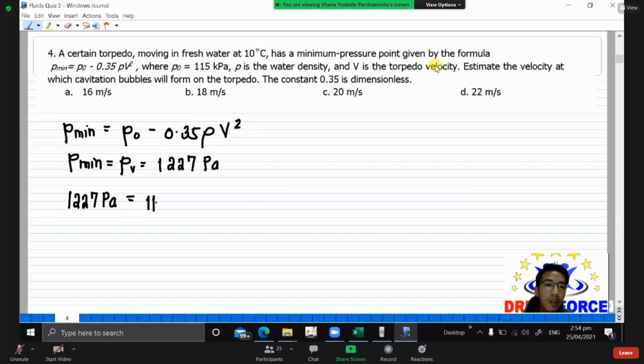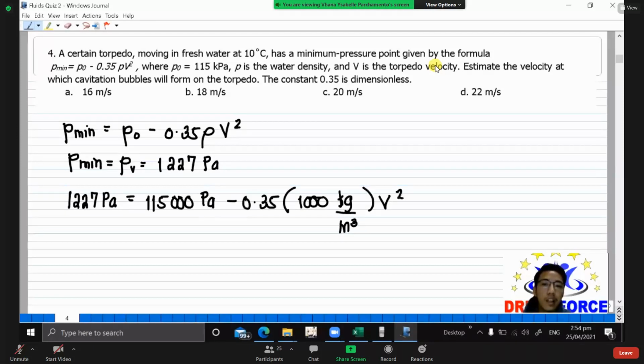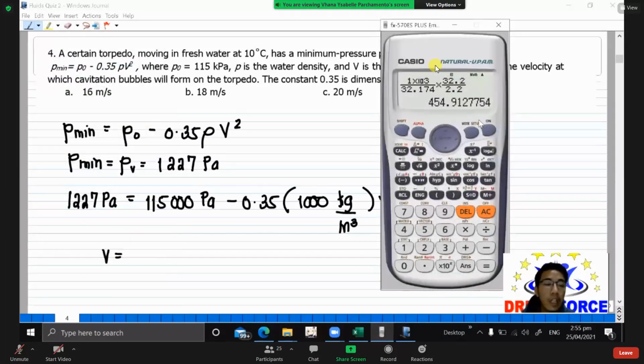That is equal to your PO 115 kilopascal or 115,000 Pascal, minus 0.35 times yung density ng water natin, we have 1,000 kilograms per cubic meter, then V squared. Okay, ang unit ng V natin dyan, automatic na meters per second.